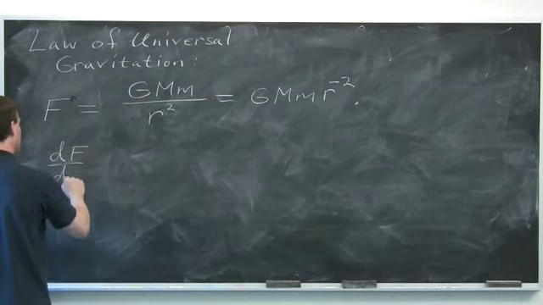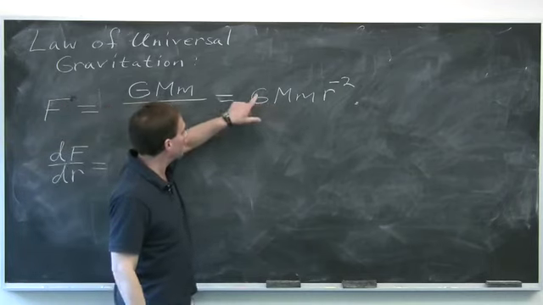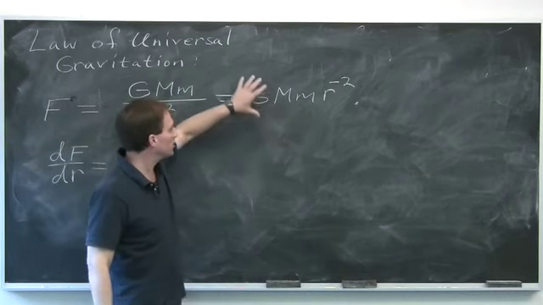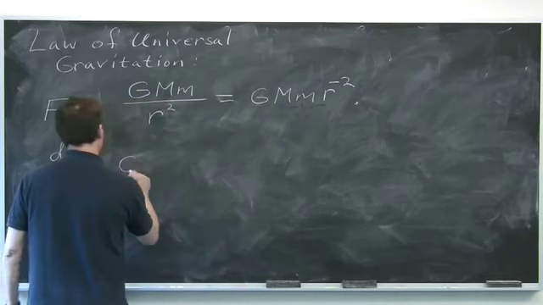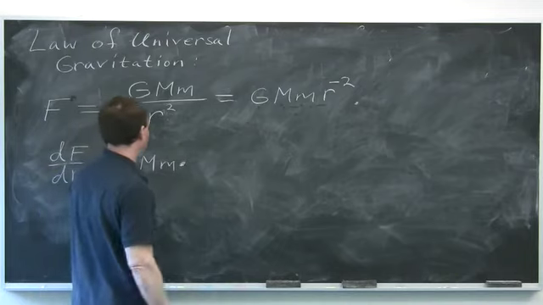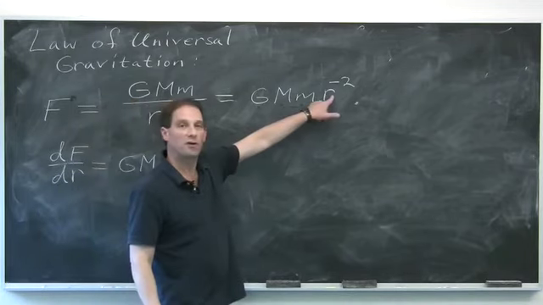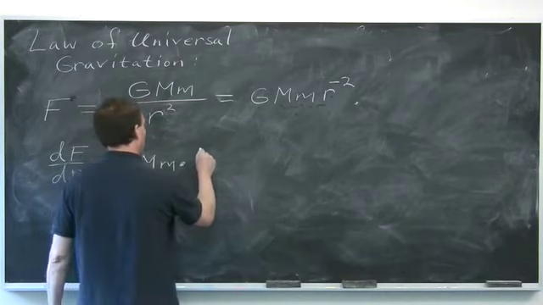dF/dr: well, the derivative of all of this, G, M, and m are all constants. So the derivative of this constant times that, you pull out the constant, so you just get the G M m. And then you have to multiply times the derivative of r to the minus 2. But we know how to differentiate that with respect to r.